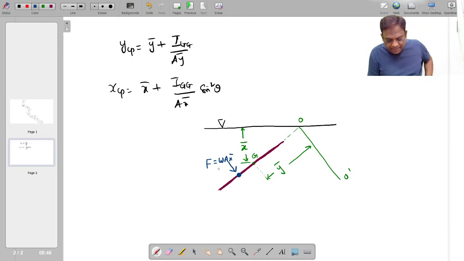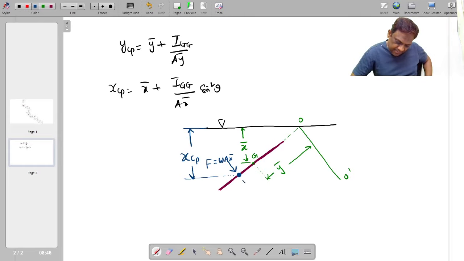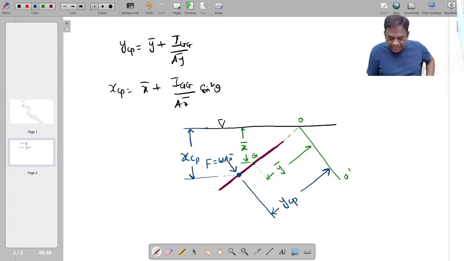The hydrostatic force F, already we have calculated the magnitude, and this is our XCP, and the same can be written as YCP. My dear students, if you want the position of the center of pressure, if you are measuring from this, it will be this.